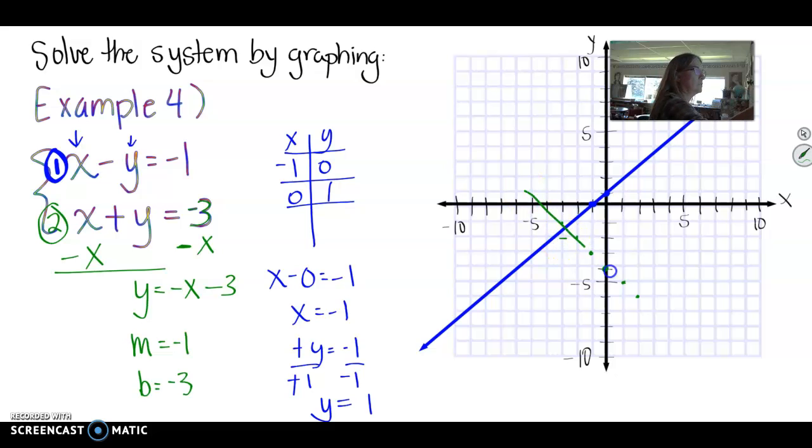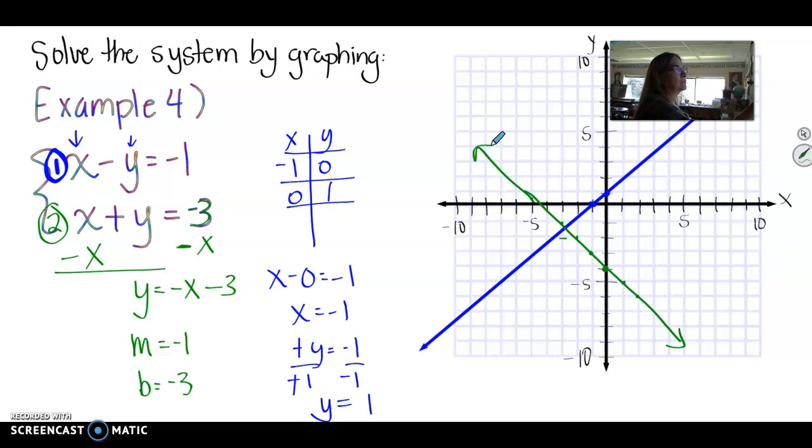And so this does not look like it's intersecting at an exact point, which is one really good reason why we want to have an algebraic method to solve these types of problems. If they don't intersect at exactly an intersection point, like with whole numbers, then we have to estimate.